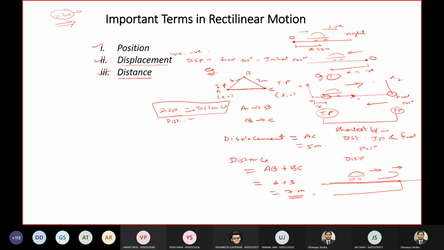Till the time it changes direction, displacement and distance will be the same; otherwise they will differ. At the point where it changes direction, the velocity is zero, and then it changes its direction. We will see that when we analyze. So displacement and distance will be equal until the particle changes its direction.